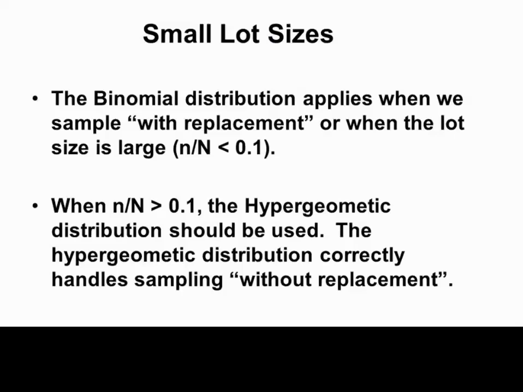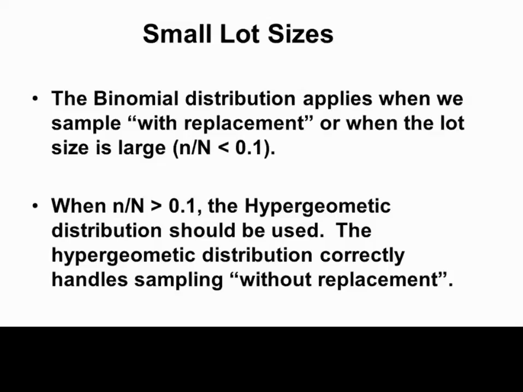If your lot size is very large, finding one doesn't mean that you're not going to find another one. It's like flipping a coin. That's perfect replacement, right? The probability of heads on the second flip in no way depends on what you got on the first flip.